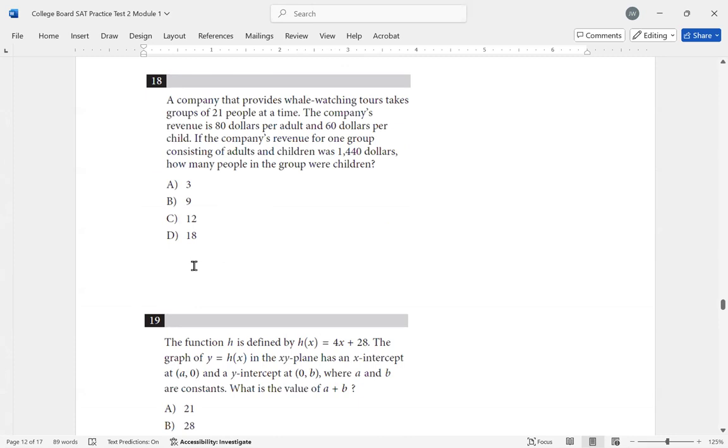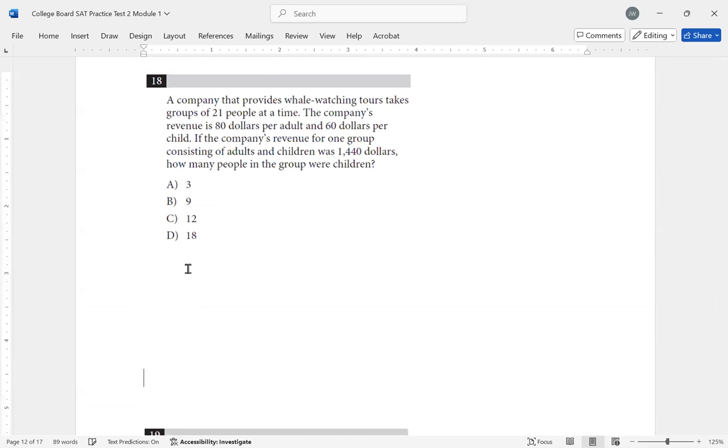Let's look at problem 18. It says a company that provides whale watching tours takes groups of 21 people at a time. The company's revenue is $80 per adult and $60 per child. If the company's revenue for one group consisting of adults and children was $1,440, how many people in the group were children?